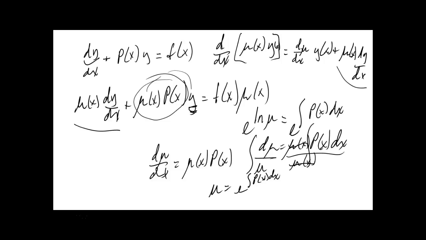I know what y is. I know what mu is. Well, I don't know what mu is yet. I can get mu by taking the integral of p of x dx and making that the power of e. Okay?